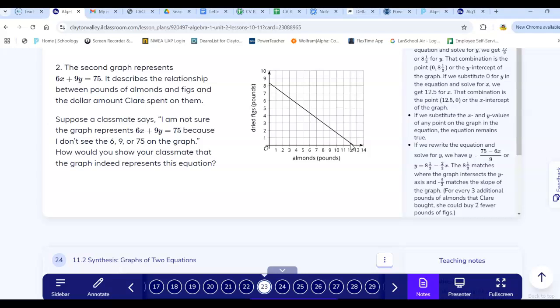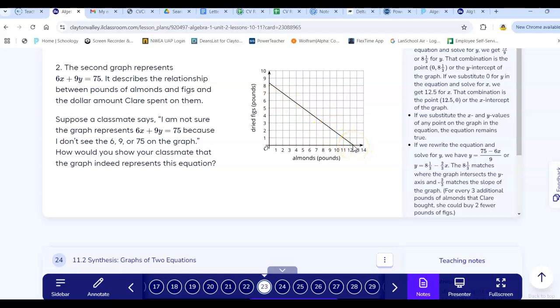Then you ask yourself, all righty, how many pounds of, oh, I'm so sorry. I said that exactly backwards. If she only bought almonds and she didn't buy any figs, then it would be, yeah, no, I was right. 75 divided by 6, okay, which is 12 and a half.